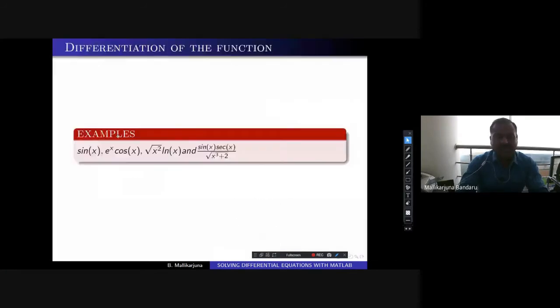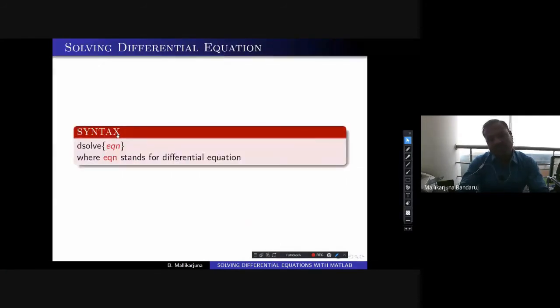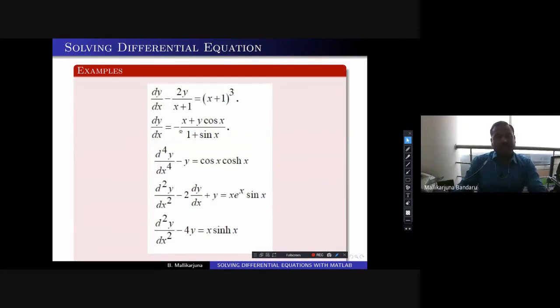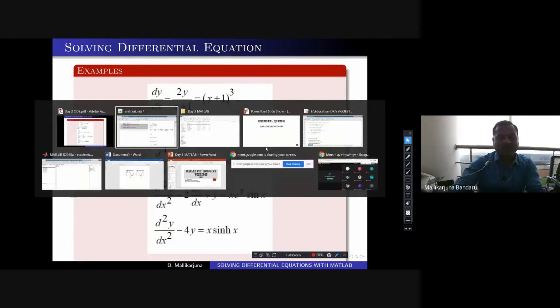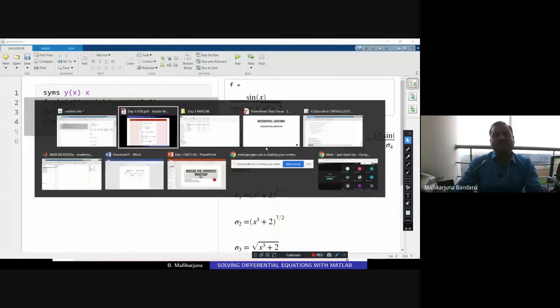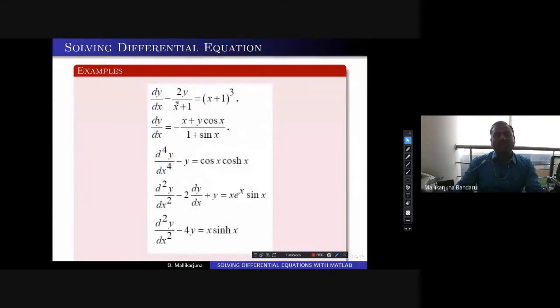And for that, what is the differential equation function? dsolve of equation. This is the syntax. Let us find the solution of these analytically using the MATLAB software. So what is actually the equation? y prime minus 2y by x plus 1 is equal to x plus 1 whole cube.